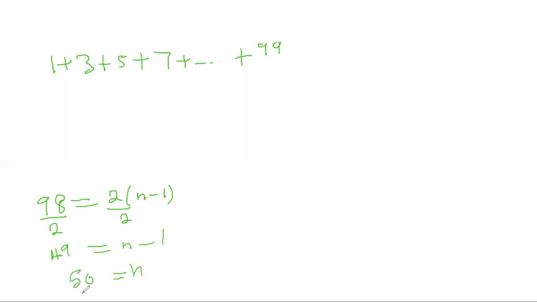So after getting the value of n, we come and say our summation is given by the formula n over 2 into 2a plus n minus 1 times d.